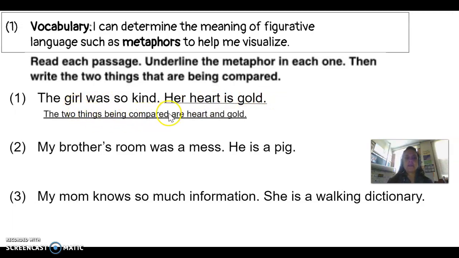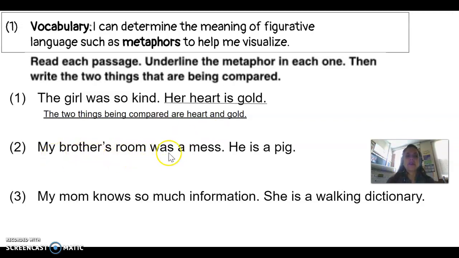The two things being compared are heart and gold. What does that help you visualize? That helps me visualize that the girl is so kind. She's being so kind because her heart is like gold. Gold is precious, so the girl is precious. She's kind.